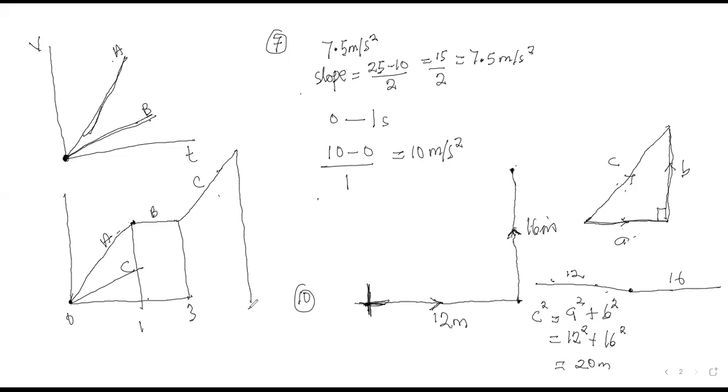The slope here, which is change in speed over change in time, and the slope for this one, which is also change in speed over change in time, would give you the acceleration. And when you compare, you realize that the slope from 0 to 1 is greater than from 3 to 5.